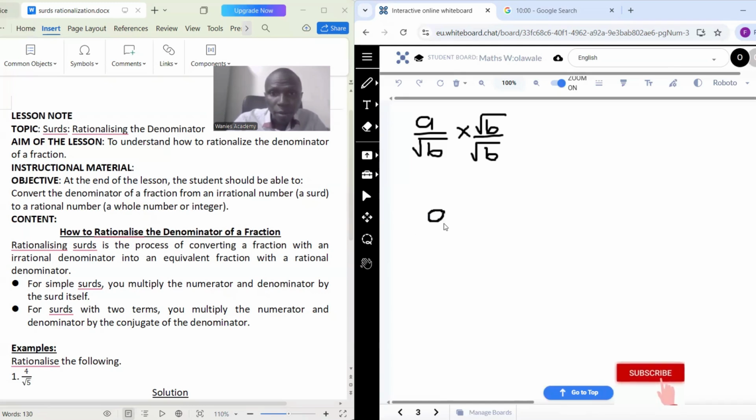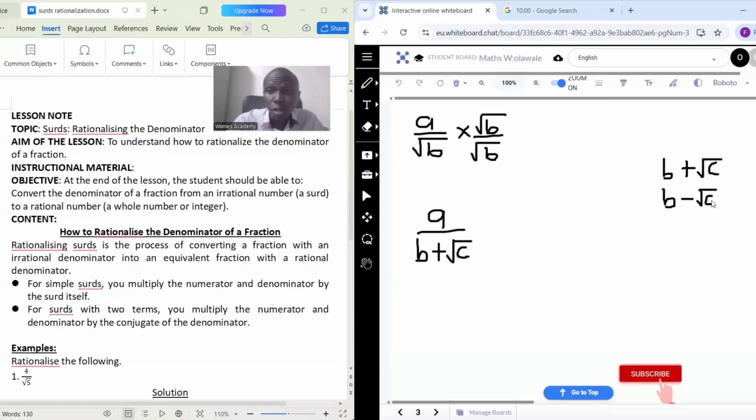Let's say if we have a over b plus the square root of c. You multiply the numerator and denominator by the conjugate of the denominator. So what's the conjugate of the denominator? If we have b plus the square root of c, the conjugate will be b minus the square root of c. So you are just changing the sign.